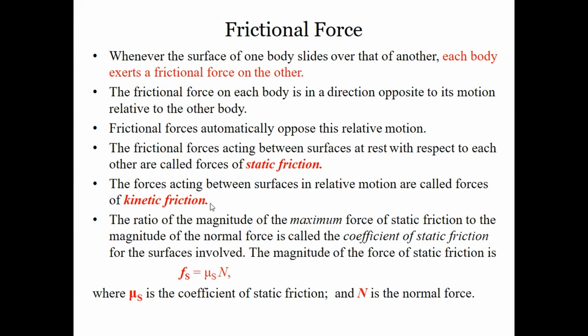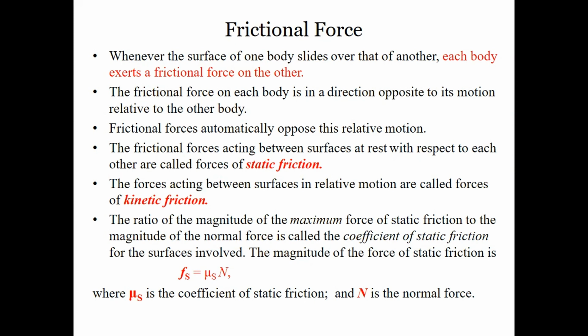So if there are two objects placed on each other and we intend to move one with respect to the other, then there is a static friction. Before the start of the object, the static friction is always there. And if the body starts moving, the moving body always keeps on feeling certain friction, and that is the kinetic friction.